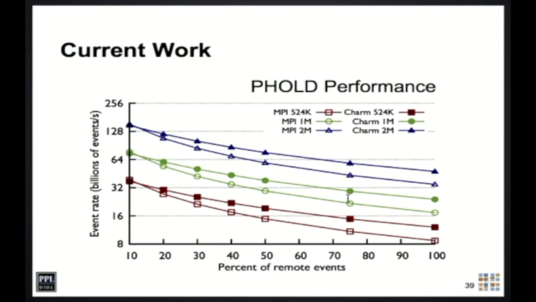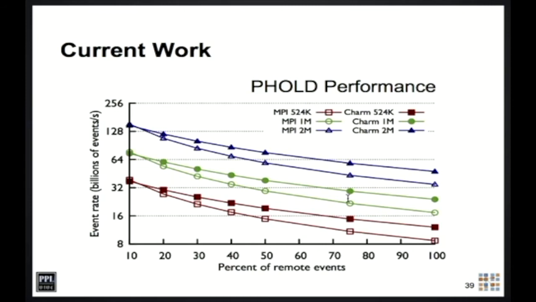Where my work in the field started, we were given a simulator written entirely in MPI, and we wanted to show that when you move from an MPI-like paradigm, with bulk synchronous communication where sends and receives are fairly synchronized, to a model like Charm++, with asynchronous messaging and parallel objects, it would benefit PDES, because it much more closely matches the idea of PDES, where you have objects sending each other messages in parallel.